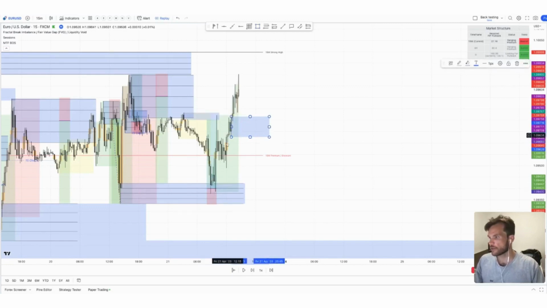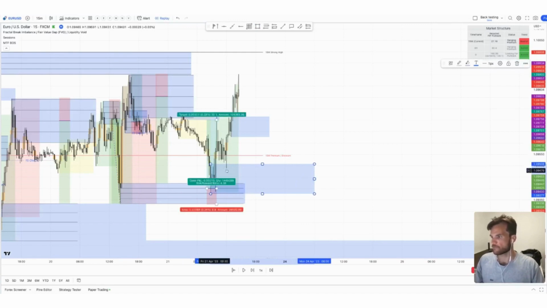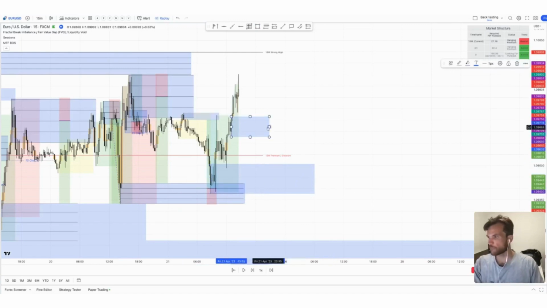So that break. That's valid. I guess now we do have an extreme here. This looks kind of nice, but really favoring the extreme. I don't know, let's see what happens here.